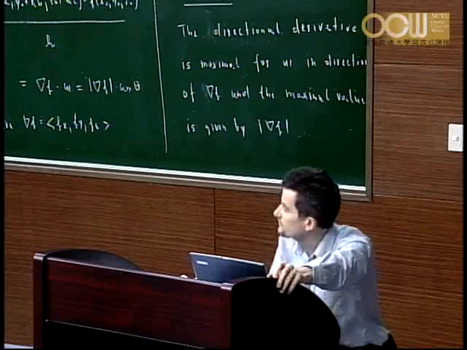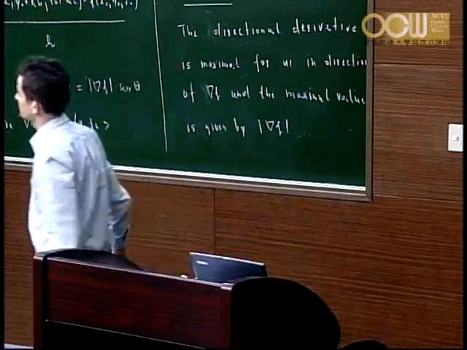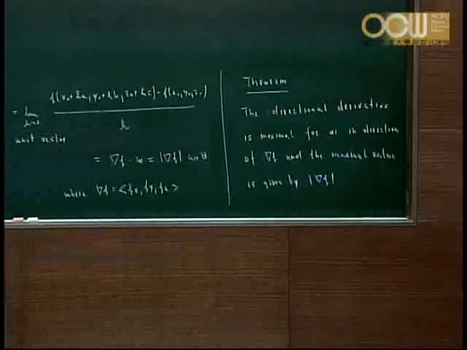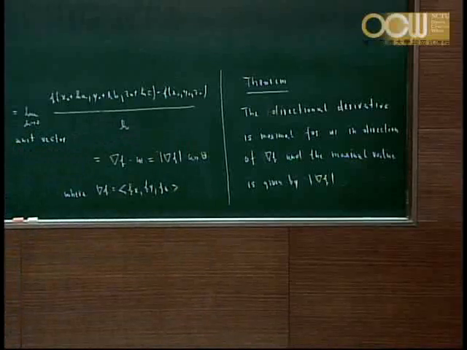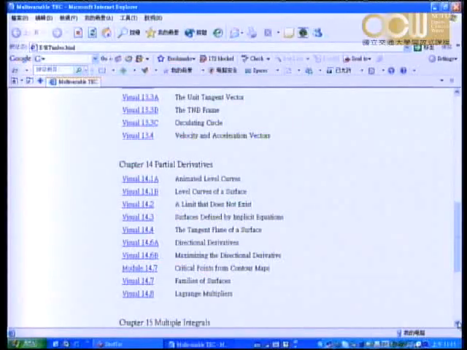Here you have quite a lot of tools related to every chapter, which help you to get a better feeling for functions of two variables and their properties. For instance, you can draw level curves and so on. What I'm interested in is this here, maximizing the directional derivative.